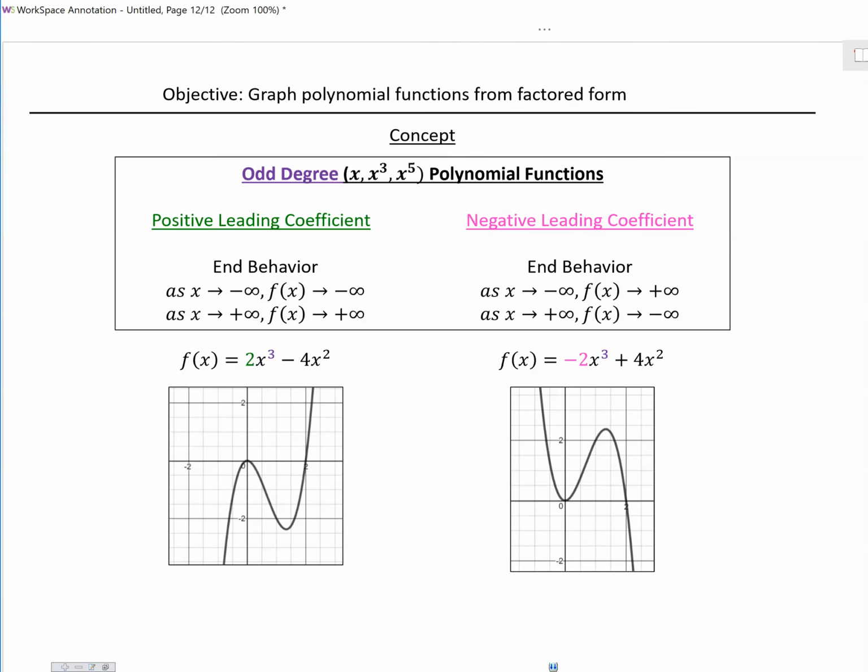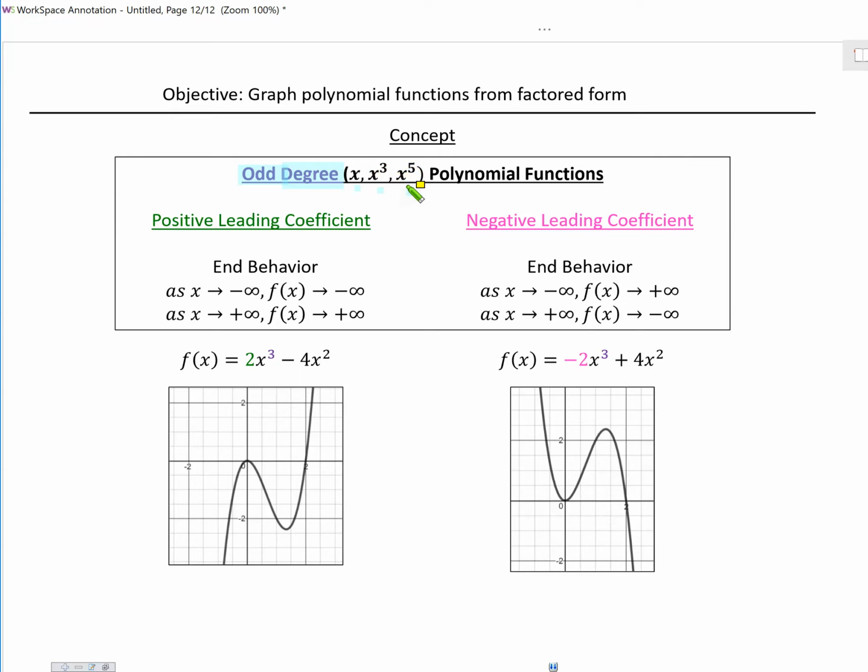All right, so the degree of the polynomial function, if it's odd, means it's like a cubic, or could be a linear. Here we see linear, here's our cubic, here's a fifth power, which is sometimes called a quintic function.